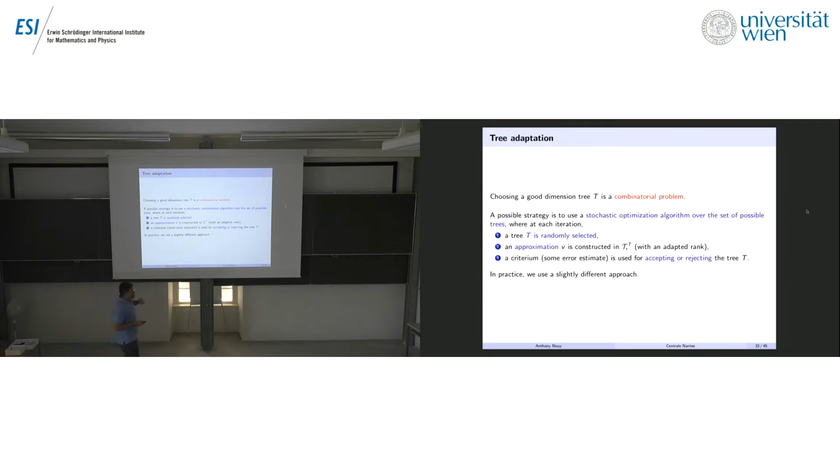And here I come briefly to the problem of tree adaptation. Of course, it's a combinatorial problem, so we address this with a stochastic approach, using stochastic algorithms. You could have a very crude approach, which is, okay, let's run a stochastic optimization algorithm on the tree, provided some error estimates, for example, based on validation, that drives your stochastic optimization algorithm.